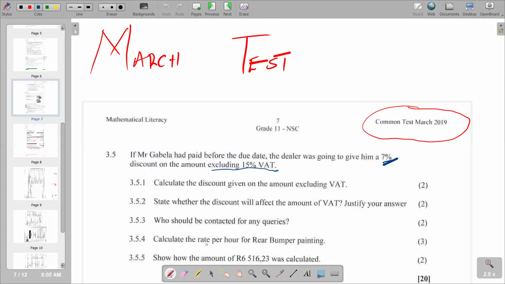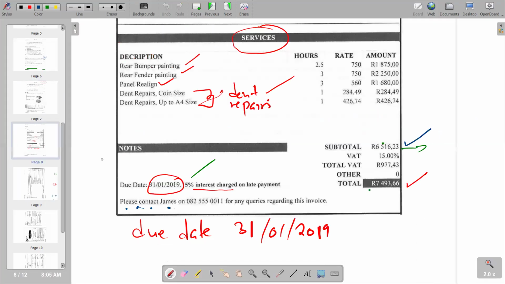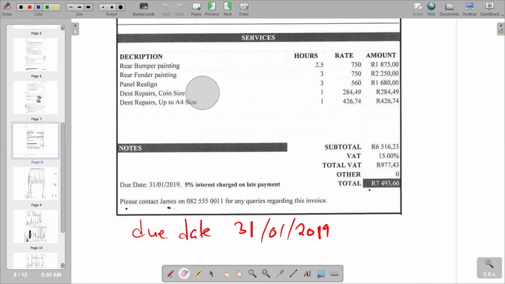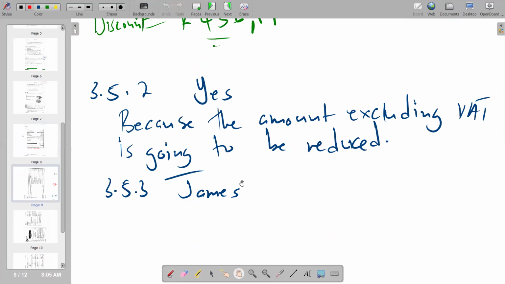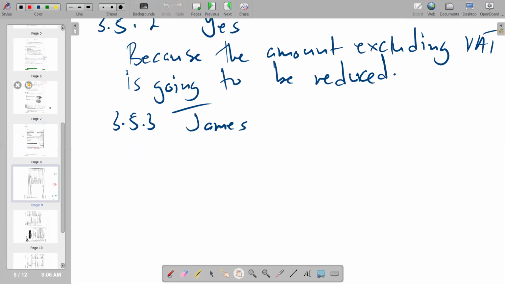So go to the next part of our question. We say calculate the rate per hour for rear bumper painting. Rear bumper painting is here. We have got rear bumper painting here, and they want the rate for 2.5 hours. So per hour, we're just going to say 750 divided by 2.5. So we come here, and also 3.5.4.